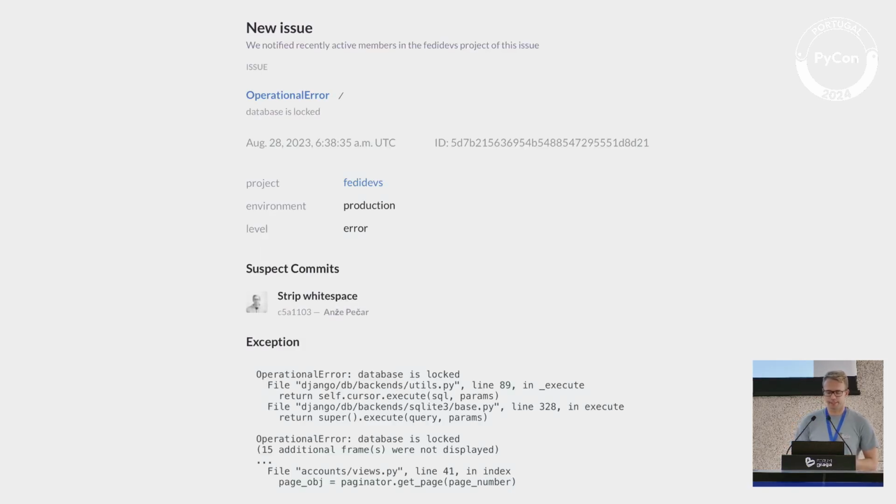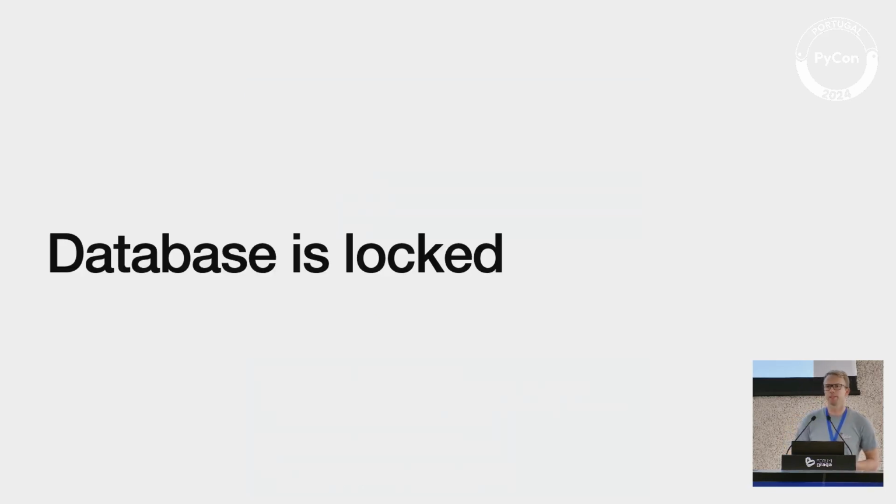And then I started getting these errors. Database is locked, operational error. Database is locked. So this makes sense. If you have a write lock on your database, and then you have another request that also wants to get that write lock, that second thread is going to have to wait a little bit for the database to get freed up, and then it's going to try again.